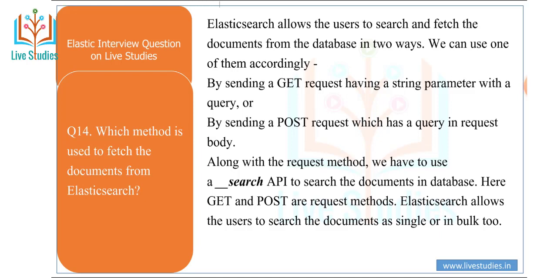Second, by sending a POST request which has the query request in the body. Along with the request method, we have to use the search API to search the document in the database. Elasticsearch allows users to search documents singly or in bulk.